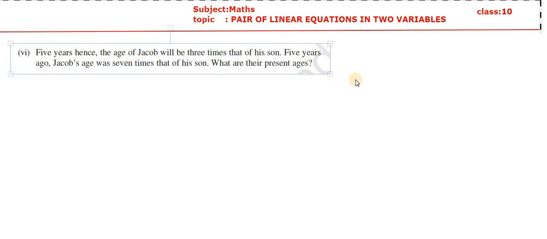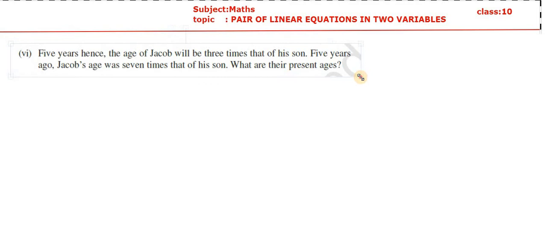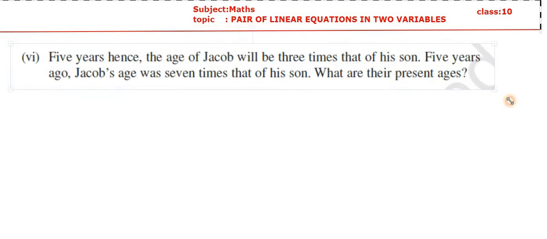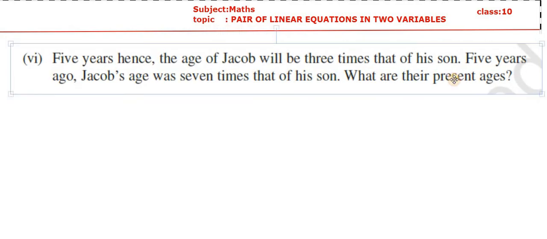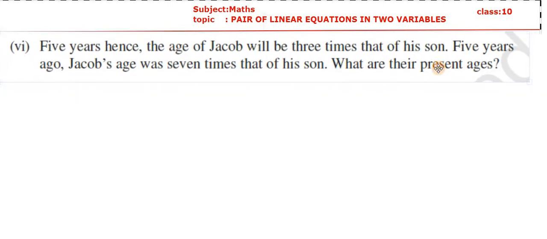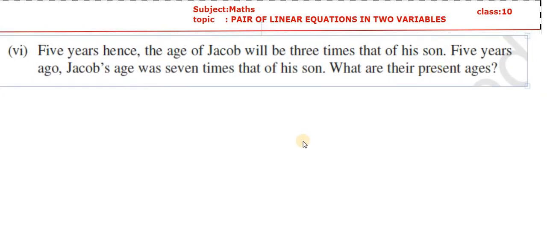5 years hence, the age of Jacob will be 3 times his son's. 5 years ago, Jacob's age was 7 times that of his son. What are their present ages? I hope all of you understood the question.